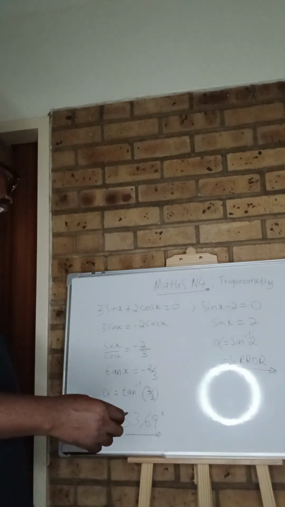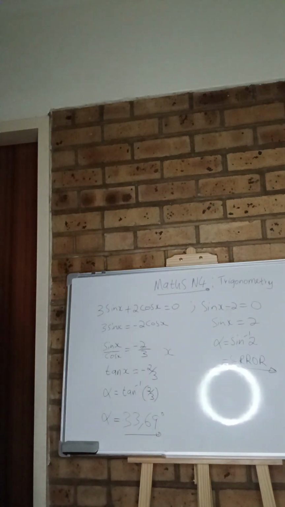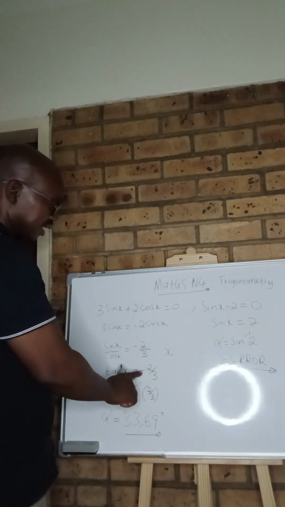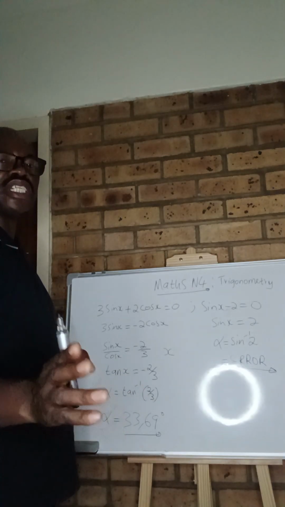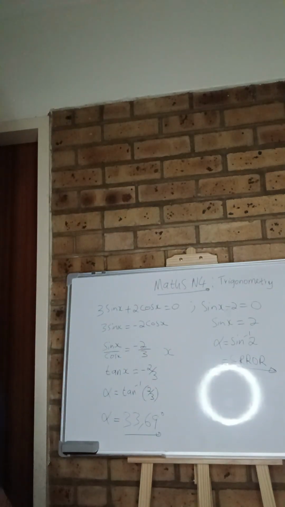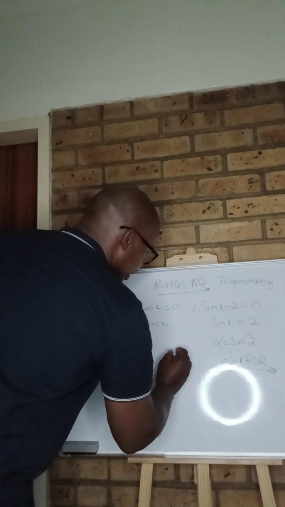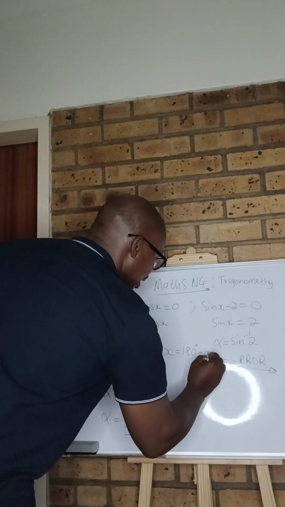Let us look for x. Remember I said we are looking only in the quadrants where tan is negative. Remember this minus sign, which I said do not use for looking for the reference angle. So in the second quadrant, where tan is negative, we have 180 degrees minus alpha.